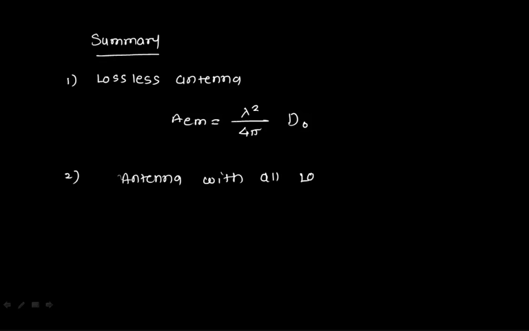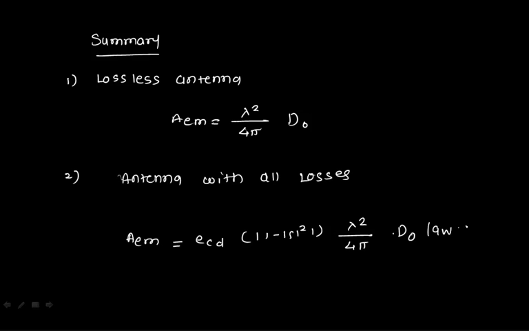You have all losses here. So my antenna effective aperture is equal to ECD 1 minus tau square, lambda square by 4 pi into D0, and my next loss is the polarization loss factor, which is this square. So this is a summary if you're talking about an antenna that has all the losses.